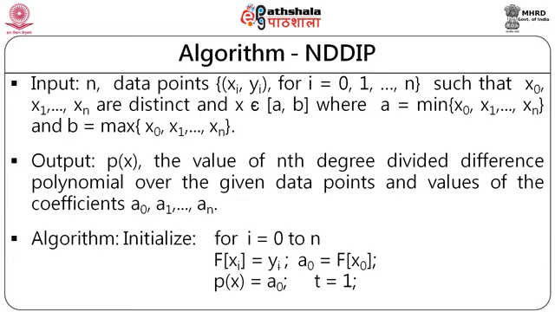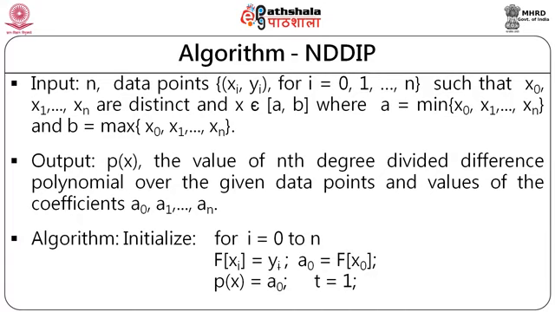P x is initialized to a 0 because we are computing this p x value by an iterative procedure of summation, and the first term in that sum will be a 0, and then we will have t equal to 1. So, t will be the term in the representation of that interpolating polynomial.